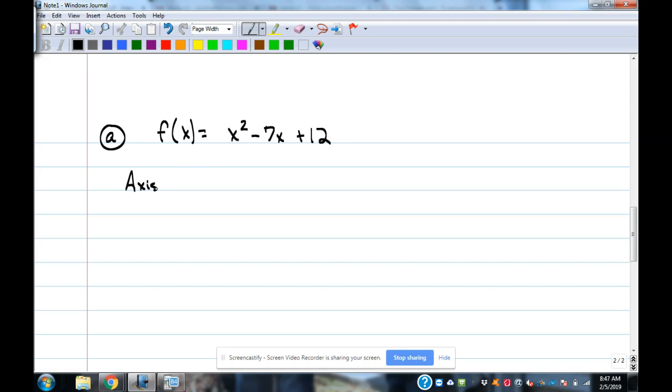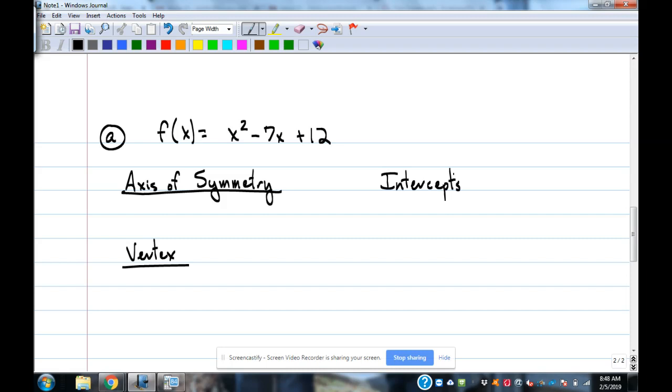Let's find the axis of symmetry, since we'll have to find it anyway. Let's find the vertex. Let's find any intercepts we might have. And then we'll just go up here and do domain.